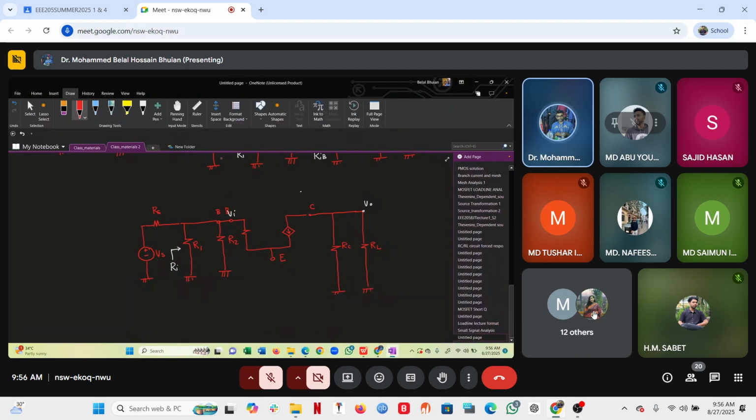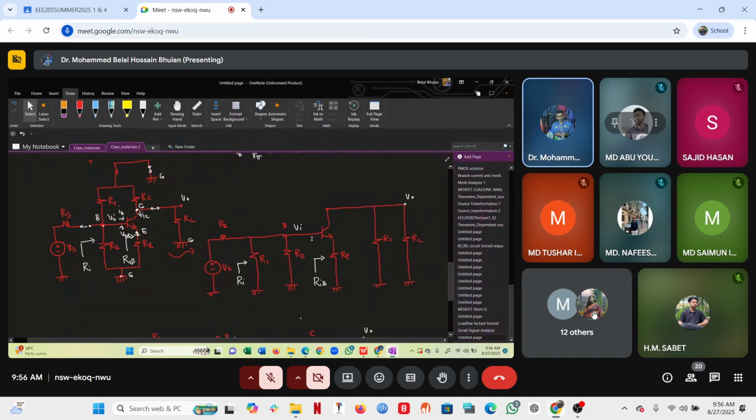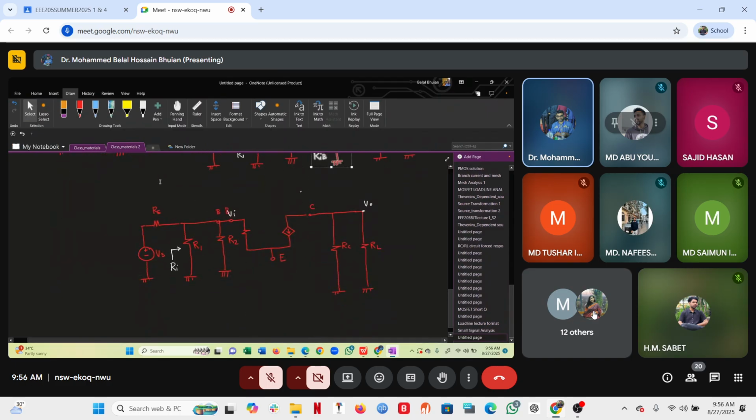There. And then the emitter terminal. Okay. So here it is, R pi, and this is GM VBE, right?